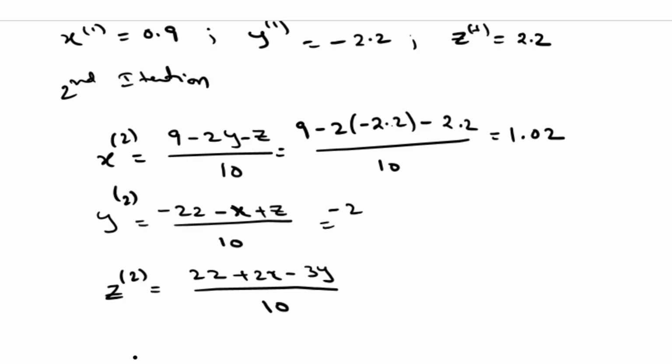Here y is minus 22 minus 0.9 plus 2.2 by 10.